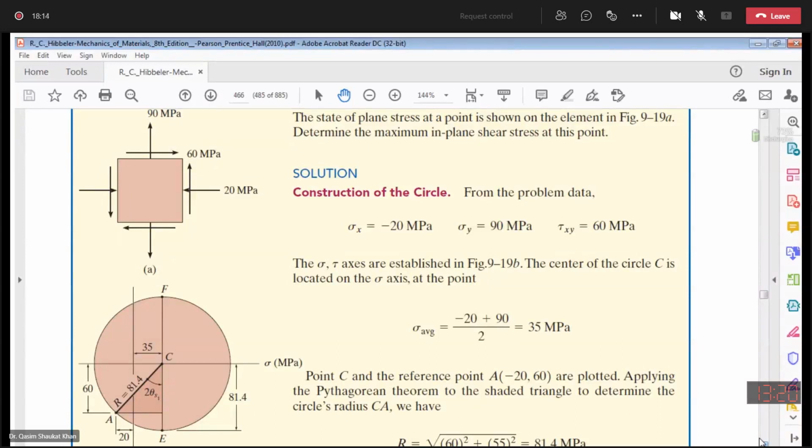So what's the value we are getting? What's the radius or resultant?